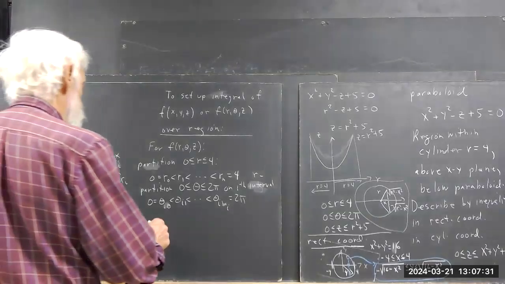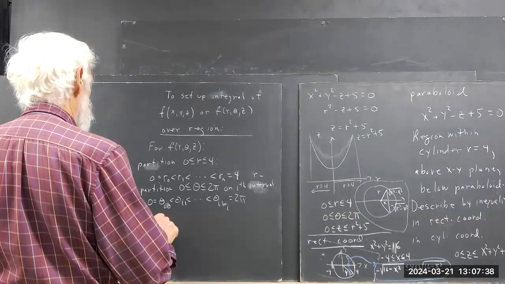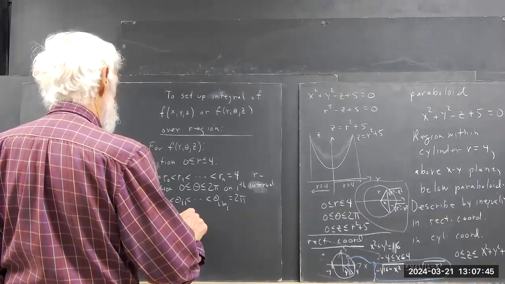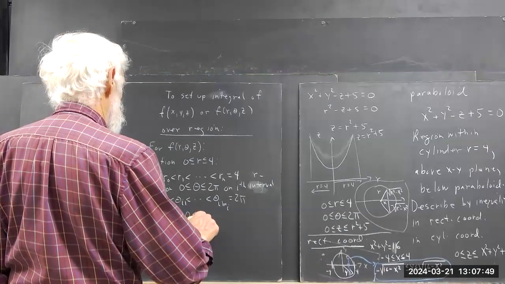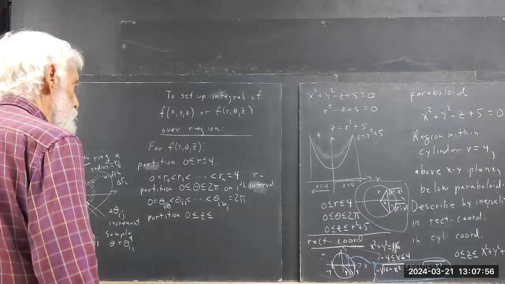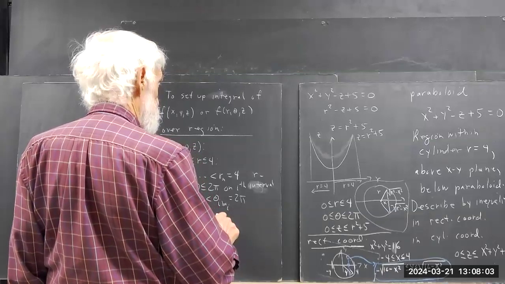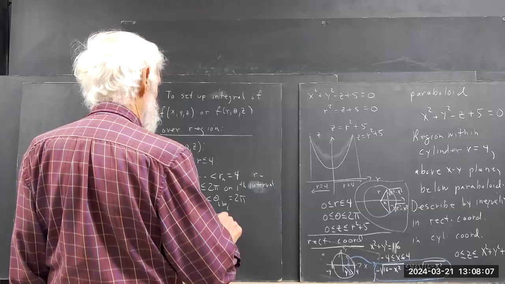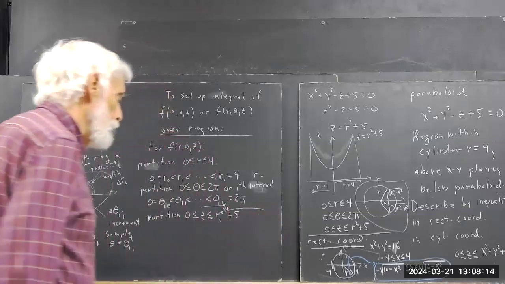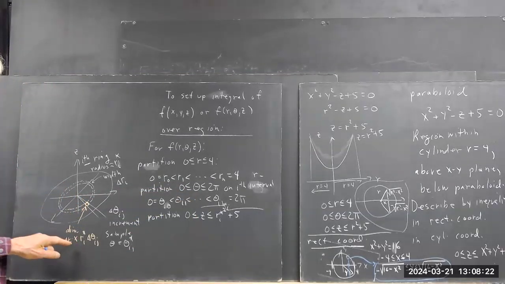Now, partition 0 less than or equal to z less than or equal to ri star squared plus 5, because your r coordinate here is ri star.